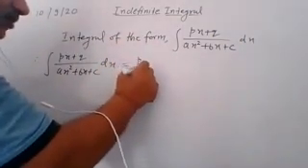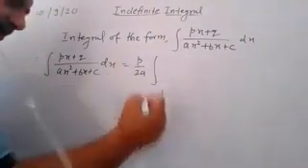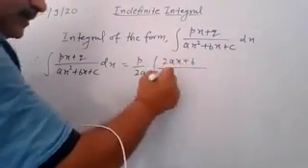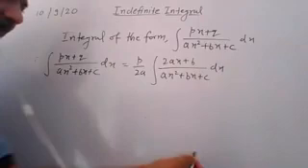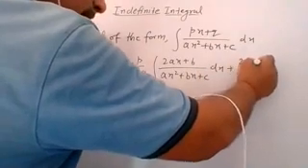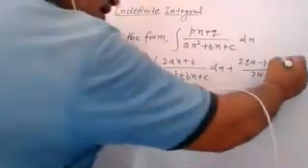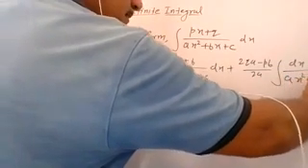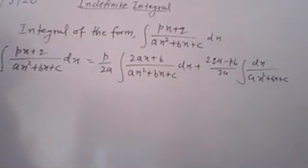So p by 2a is constant, so you write it outside your integral, and here you write 2ax plus b, within the bracket, upon ax square plus bx plus c dx, plus the value of B, which is also constant, so you write 2qa minus pb upon 2a as the constant value, and the integration of dx upon ax square plus bx plus c. You can write it in this way, just see it.